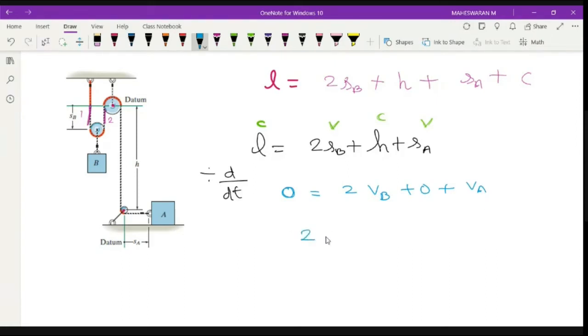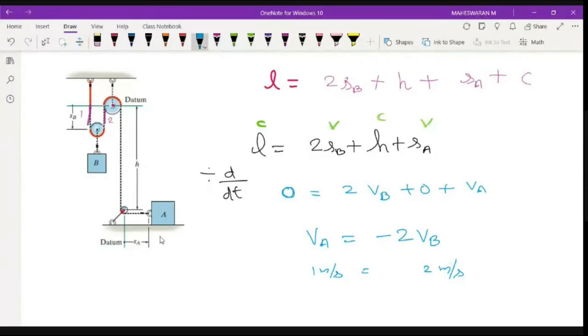So VA is equal to minus 2 VB. What it means is, if your block A is moving at 1 meter per second, your block B will move at 2 meter per second, multiplied by 2.